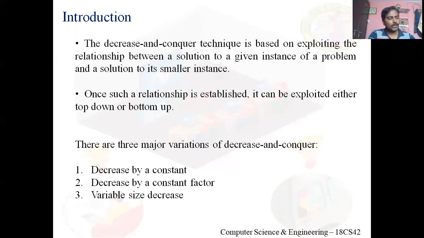Once we come to know about that relation, we can solve it by either a top down or bottom up approach. Clear? And I said there are three major variations: decrease by constant, decrease by constant factor, variable size decrease.